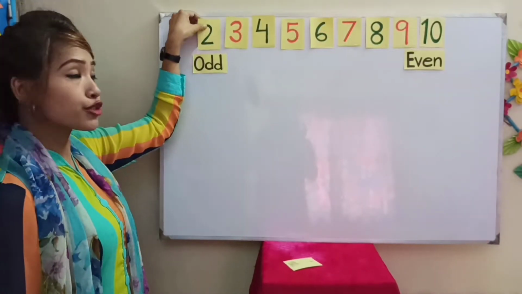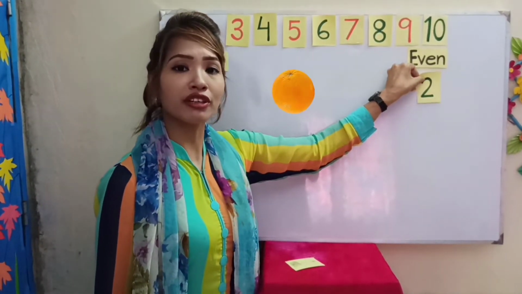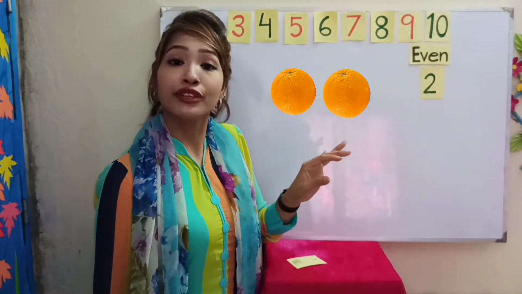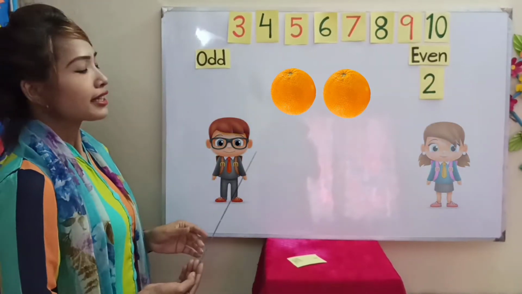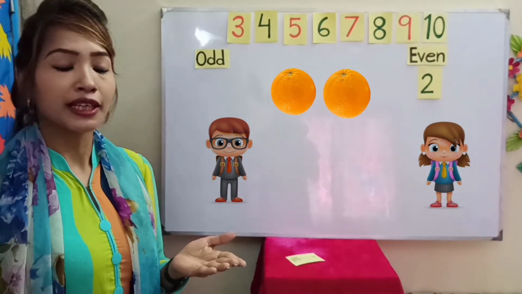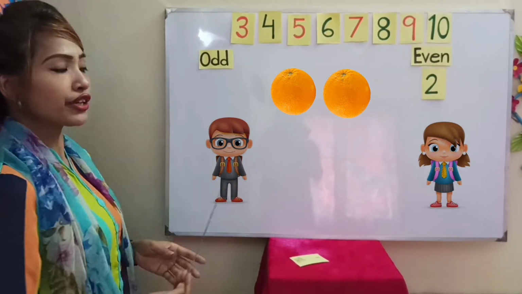Now, I'm removing the 2 from the row, and who can tell me if 2 is odd or even? 2 is an even number. How do we know that 2 is even? Because you can see 2 oranges in front of you.